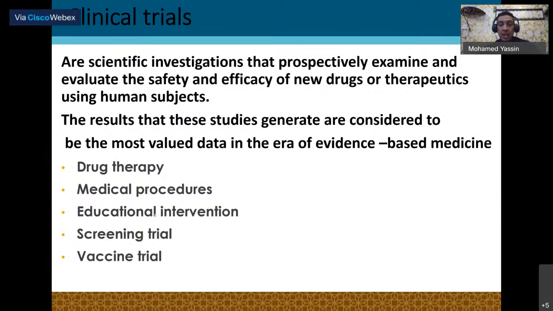Another one is educational intervention. An example for educational intervention is one of the very famous trials which was conducted in Zimbabwe, one of the countries in Africa where HIV is quite common. One of the causes for why it's so common was maybe a lack of health education, and the teenagers and partners are not aware of how to practice safely.